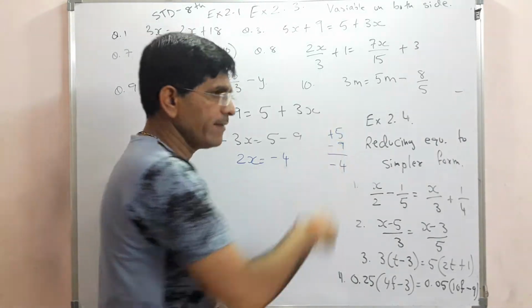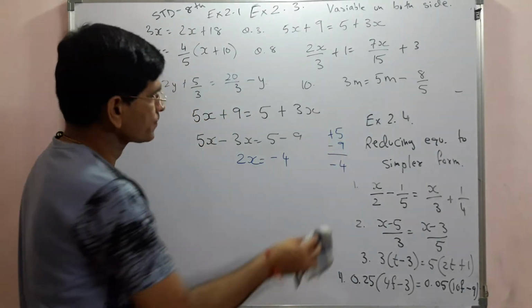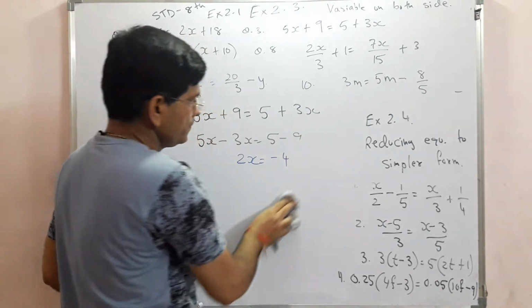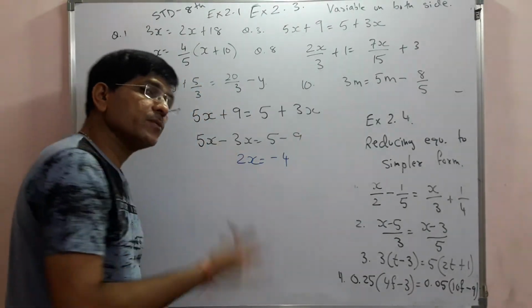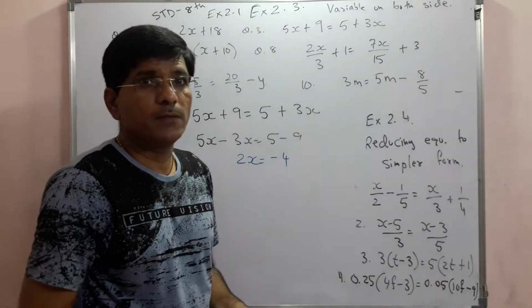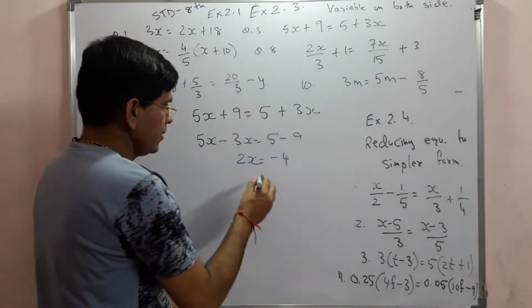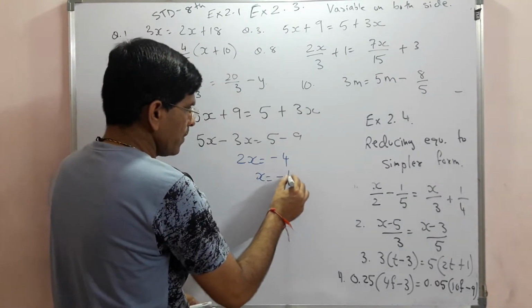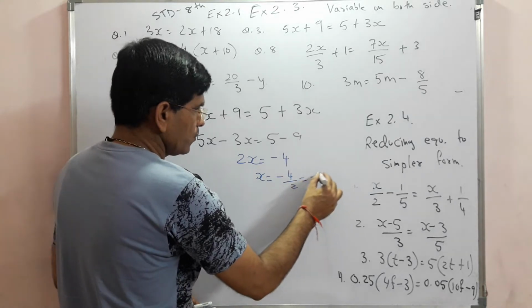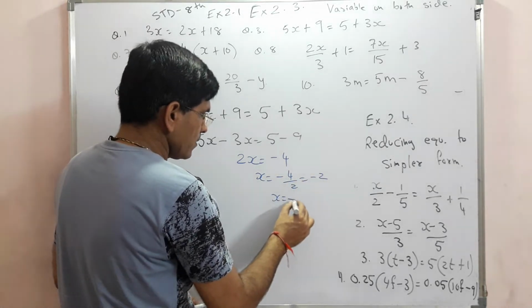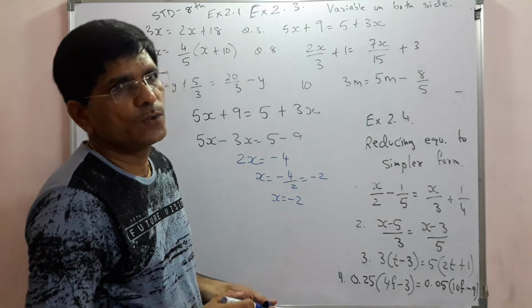Don't write 15 divided by 9, that is wrong. Now, the multiplier should be moved as divisor. So x is equal to minus 4 by 2, which is minus 2. So x is equal to minus 2.